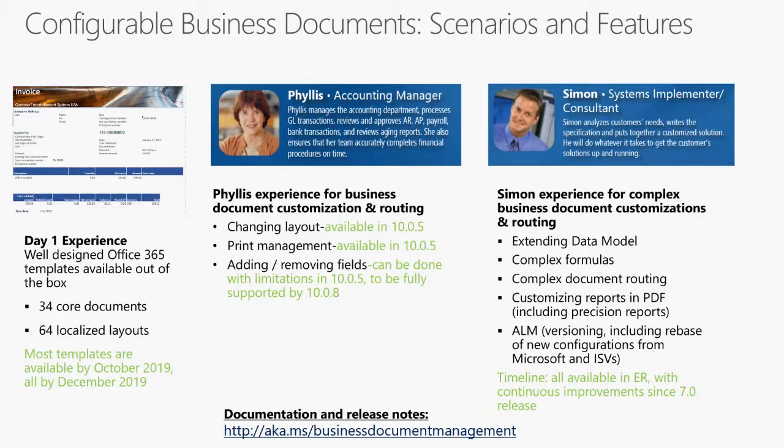He knows the finance and supply chain management data model. He knows Excel pretty well, but he is not a developer. So this tool is a no code tool which allows Simon to configure electronic outputs like payment formats, tax reports, etc.